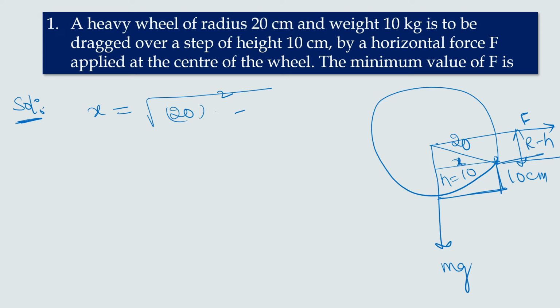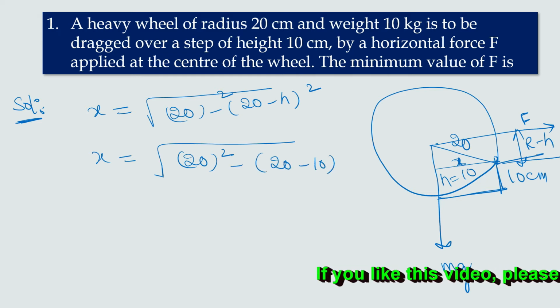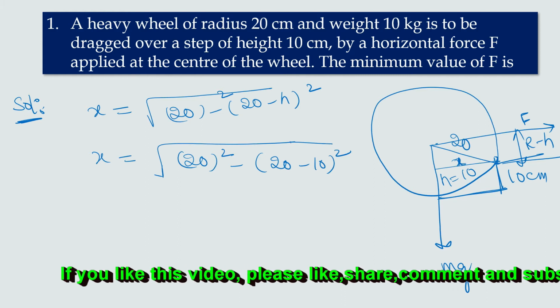20 square minus 20 minus H whole square. So X is equals to square root of 20 whole square minus 20 minus 10 whole square, they given the height as 10.